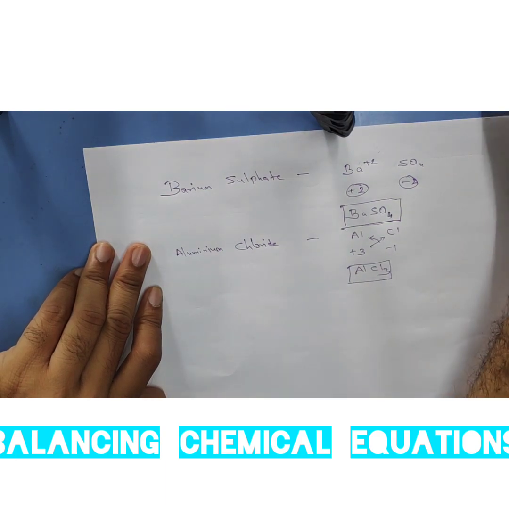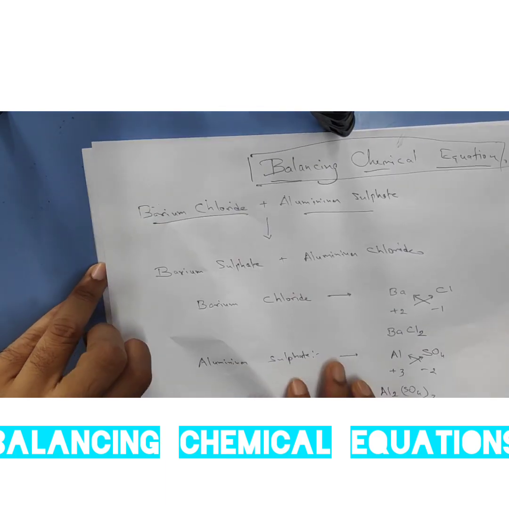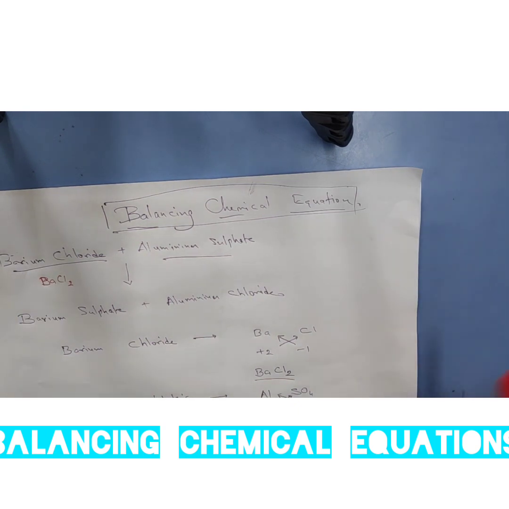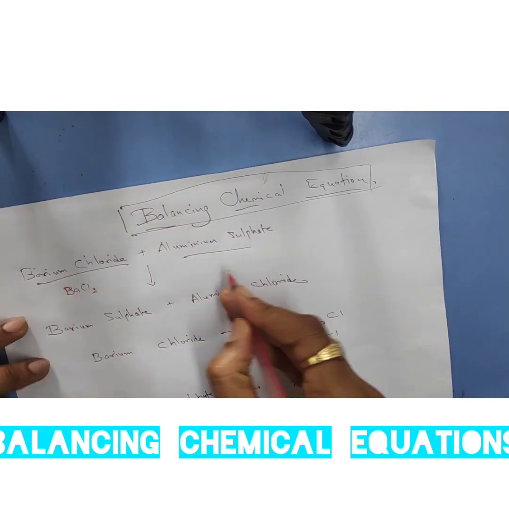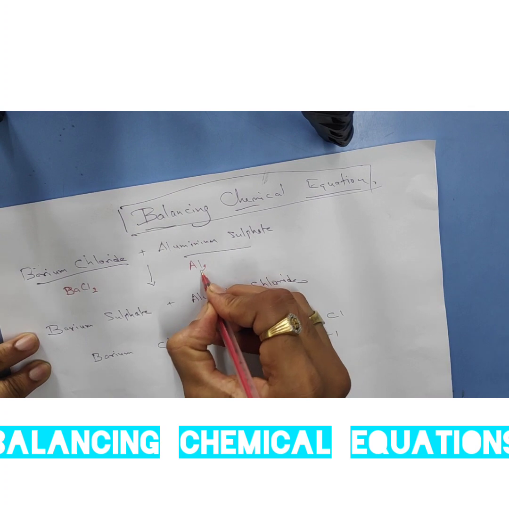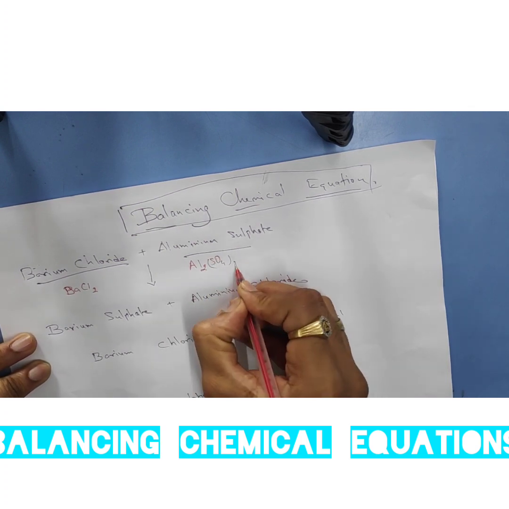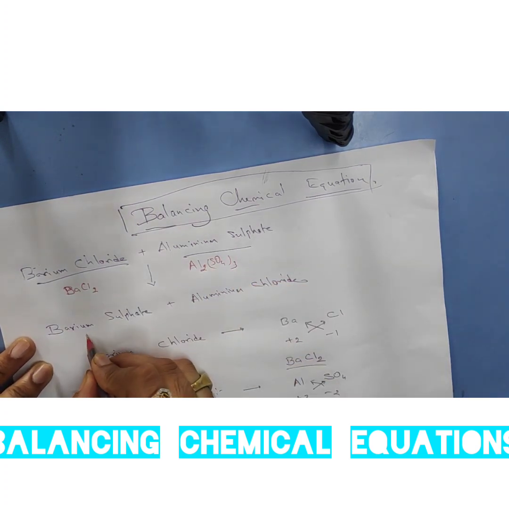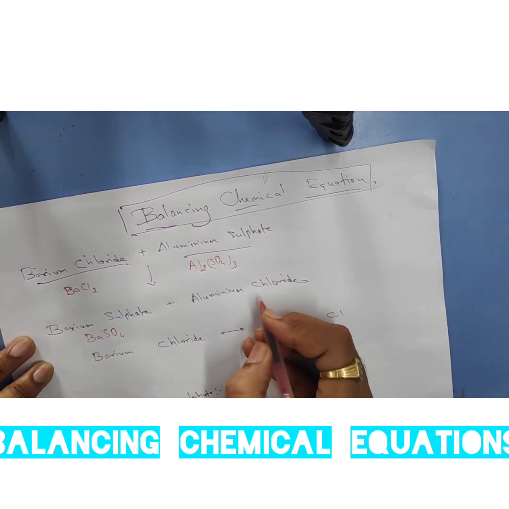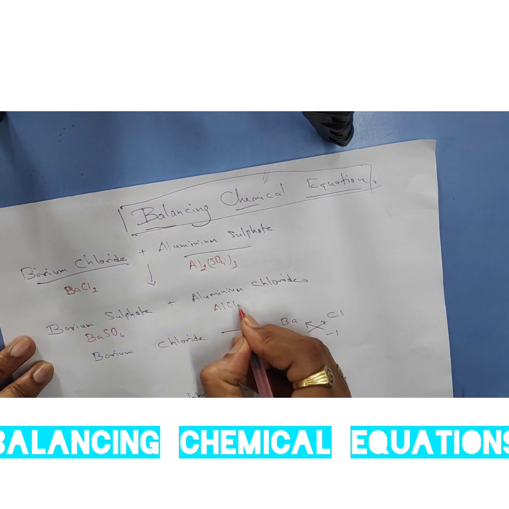So guys, let's go back to the equation. Question number 1. The one which we talked about, it was BaCl2. Now aluminium sulfate was Al2(SO4)3, and barium sulfate was BaSO4, and aluminium chloride is AlCl3.